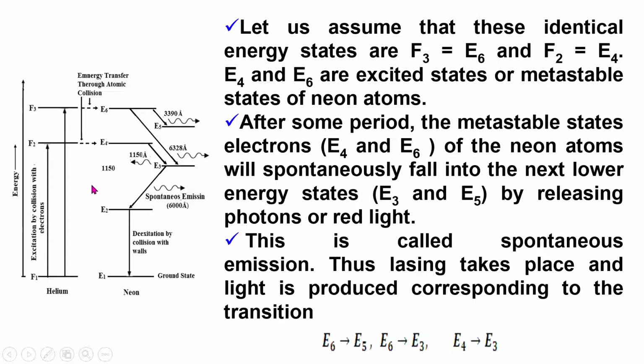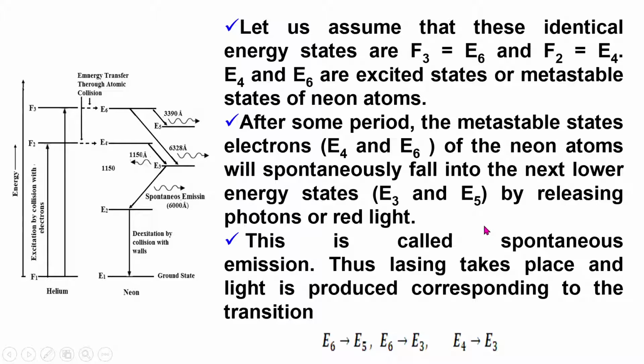Now we have already considered that E4 and E6 act as metastable states in case of the neon atoms. After some period, the metastable state electrons E4 and E6 of the neon atoms will spontaneously fall into the next lower energy states, that is E3 and E5, by releasing photons of red light.